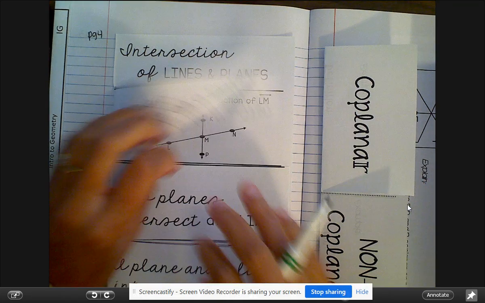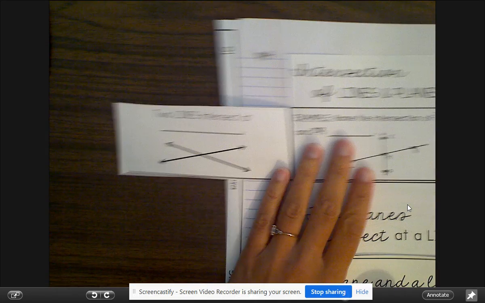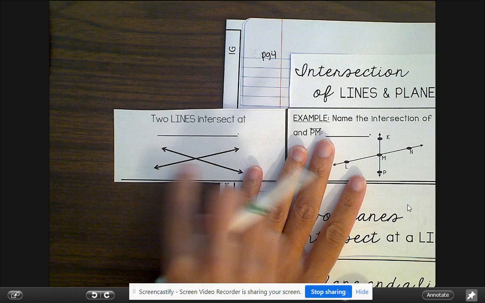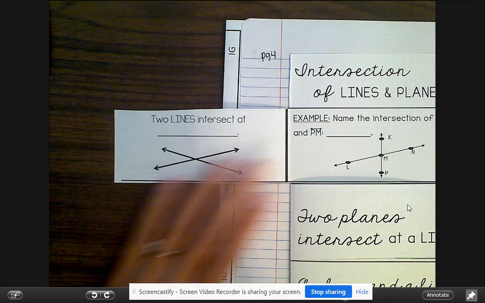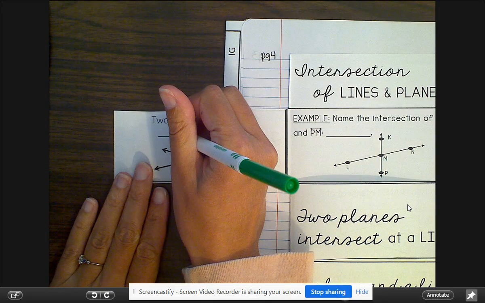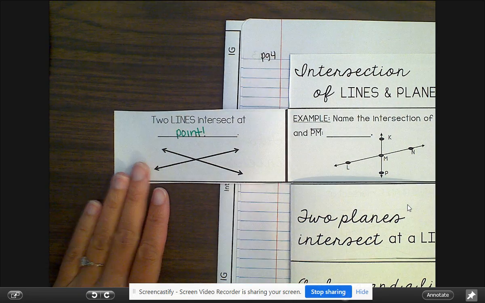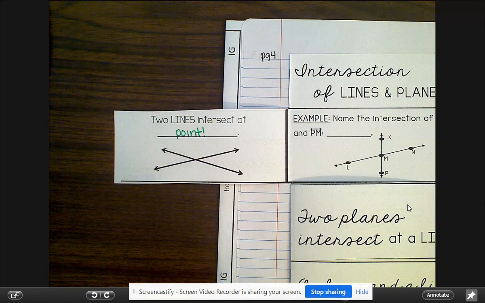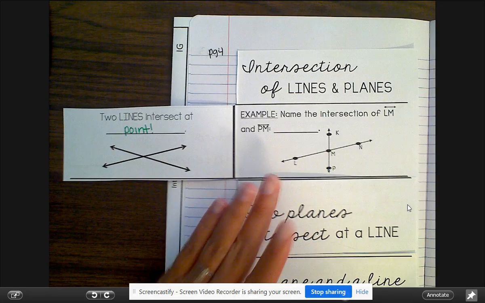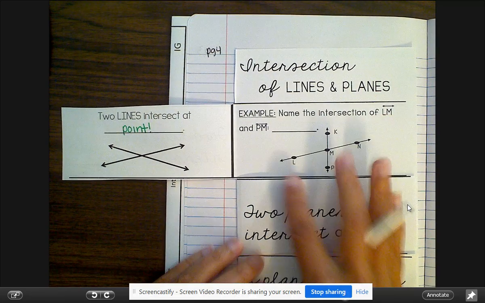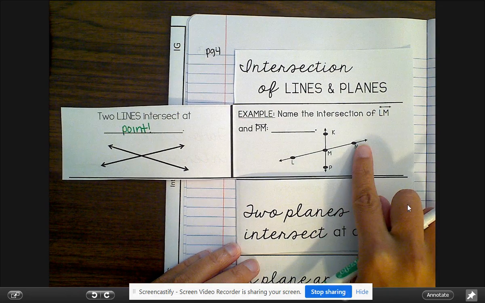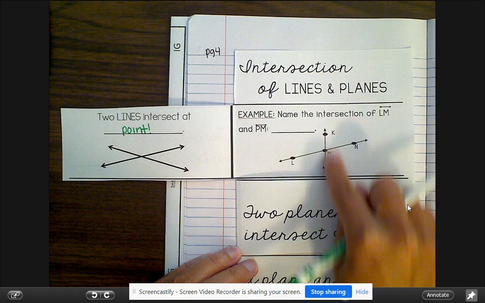Okay, so if we open that up, we can see what I mean. If we have 2 lines intersecting or touching each other, they will only intersect ever at a single point. So for example, if I was looking at a slightly more intricate picture here, we have our line LN, we have a line PK.